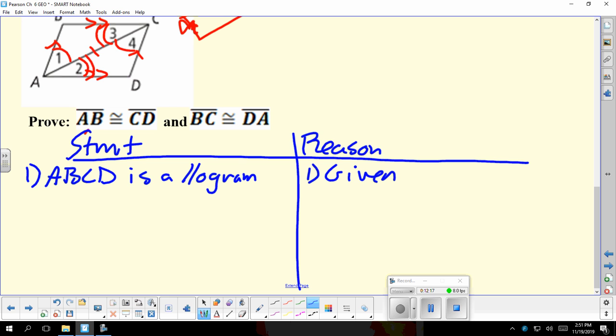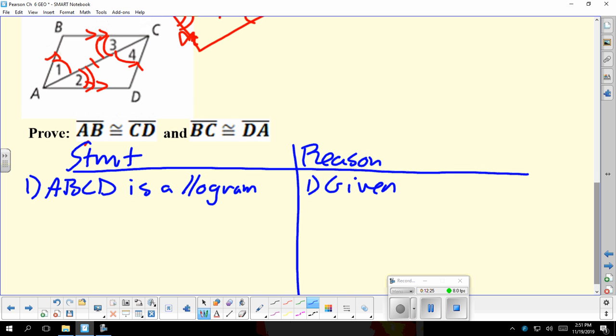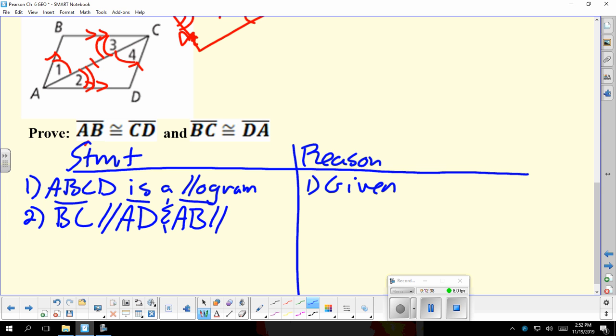Next, since it is a parallelogram, I know that BC is parallel to AD, and that AB is parallel to CD. That's our definition of parallelogram. Opposite sides are parallel. We're not trying to prove that they're parallel. We're trying to prove that opposite sides are congruent.